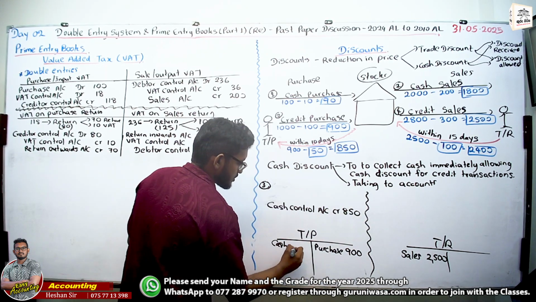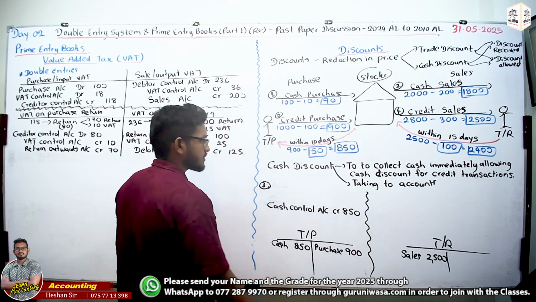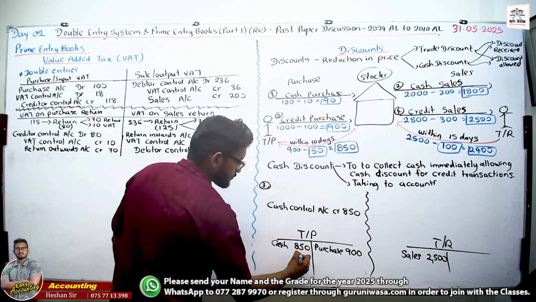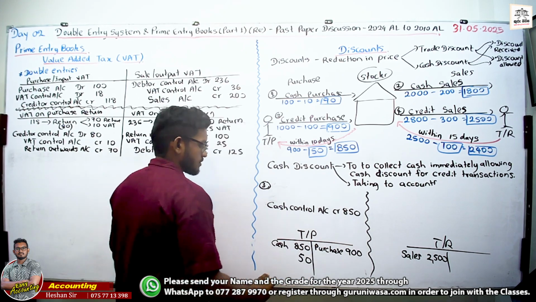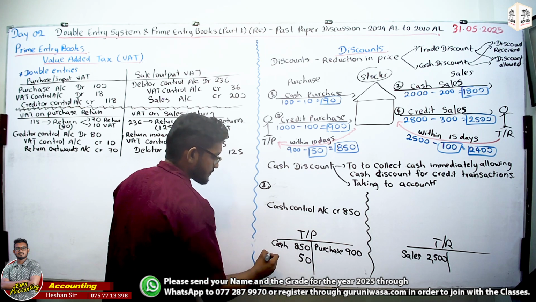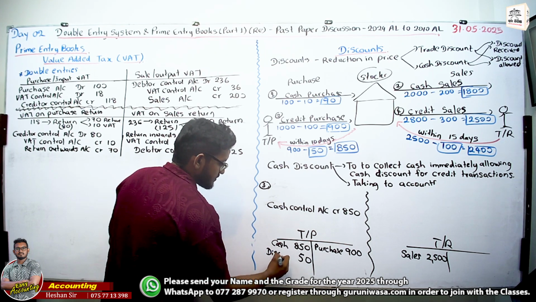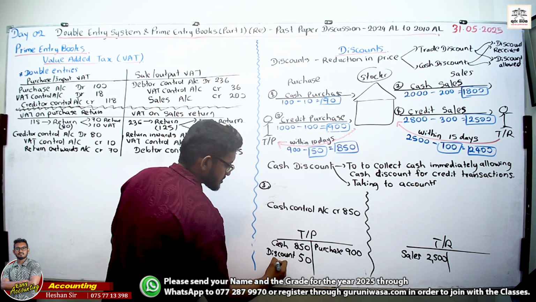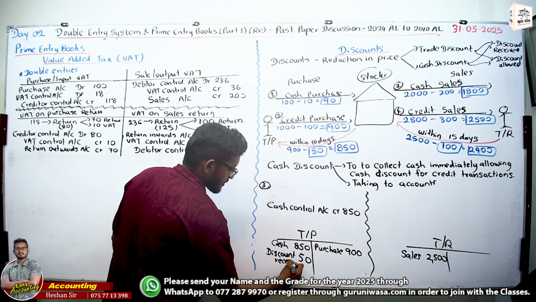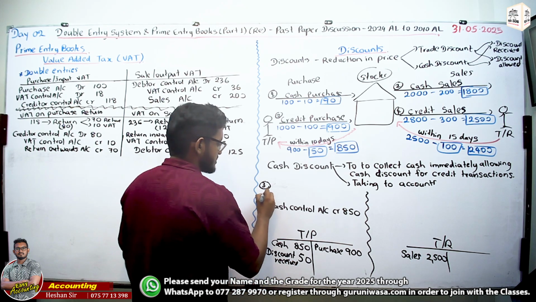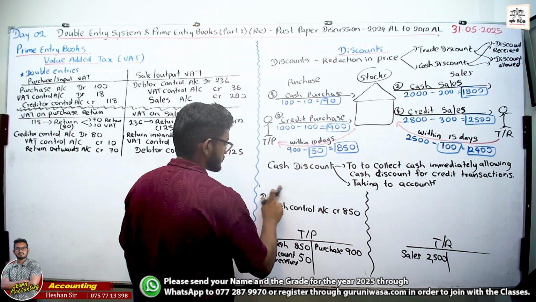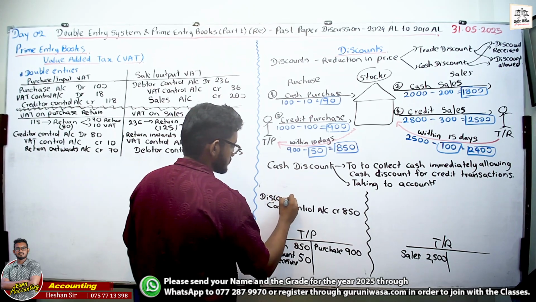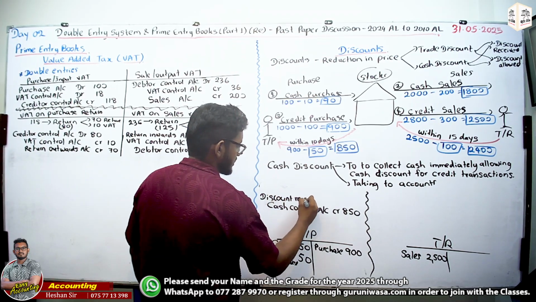The 50 that they waived, I have to consider as discount received. It is an income to the business. Otherwise this closes to discount received account.